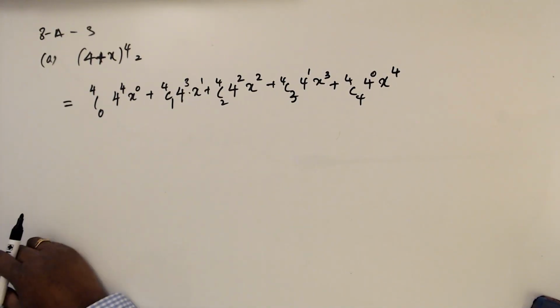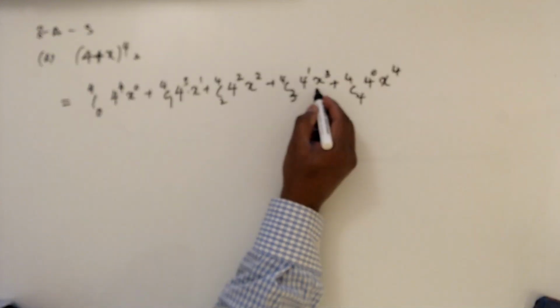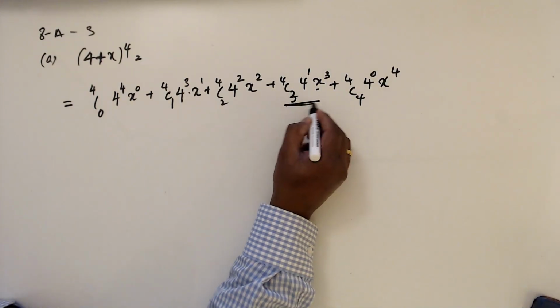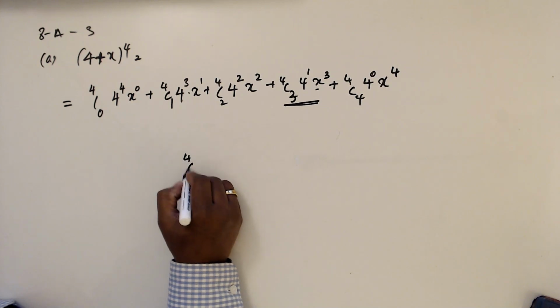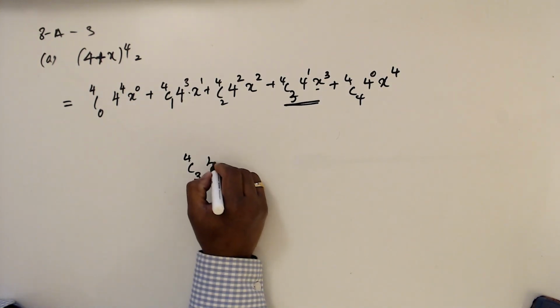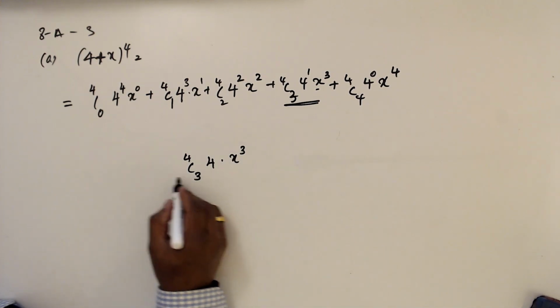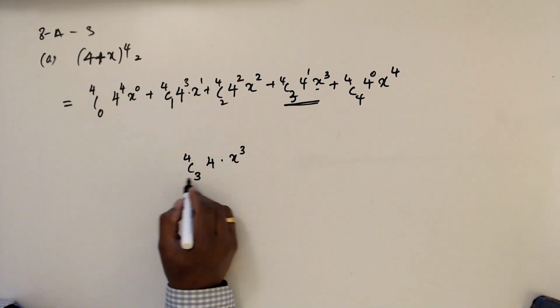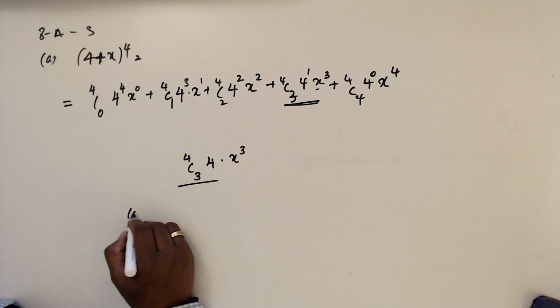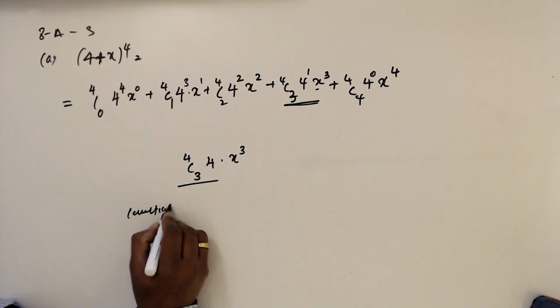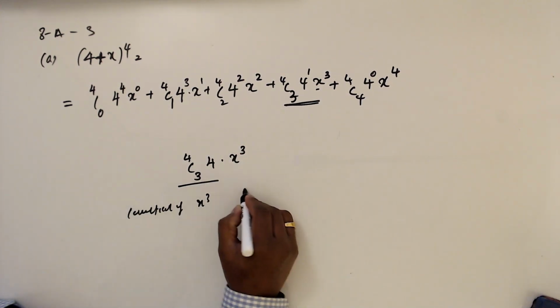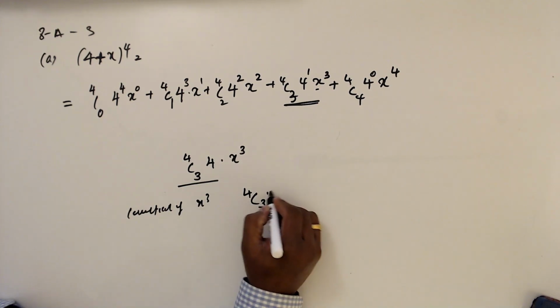Now what is the x cube coefficient? The x cube term is this one. So we'll take here 4C3, 4 times x cube. So the coefficient of x cube is 4C3 times 4.